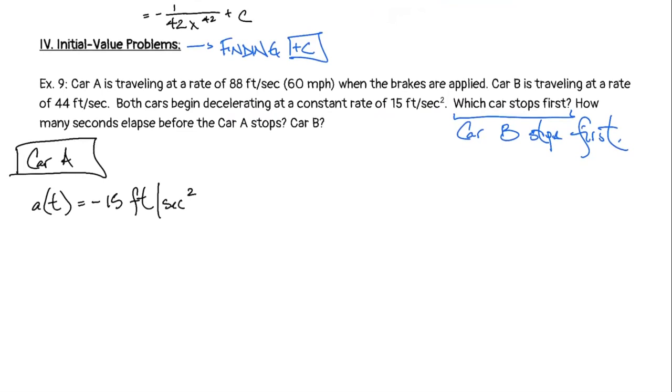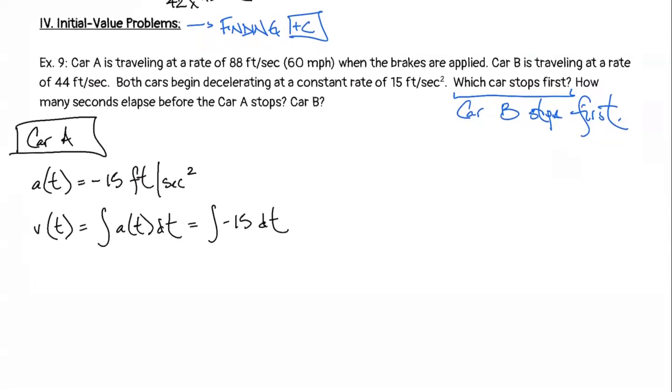And from here, how would we set up our velocity function? Well, we could say that is going to be the integral of a of t dt. And when we plug in the function, we'll get the integral of negative 15 dt. All right, so let me just pause there for a moment.